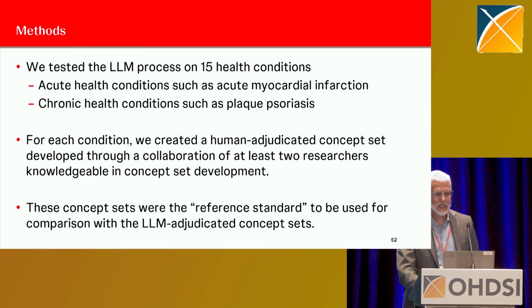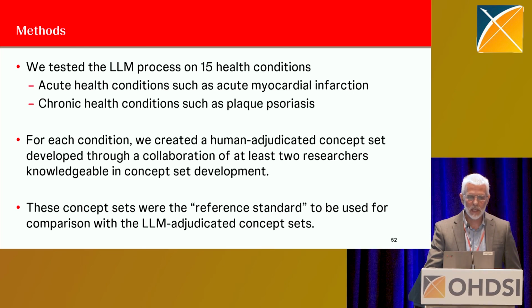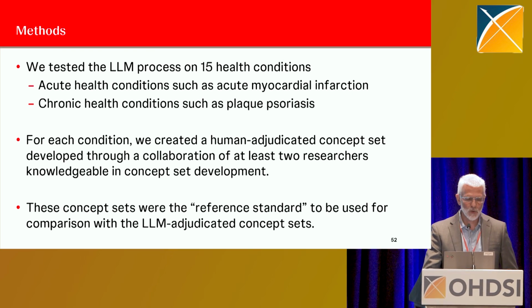For our study, we tested the LLM process on 15 health conditions. We looked at acute health conditions such as acute myocardial infarction, and chronic health conditions such as plaque psoriasis. For each condition, we created a human adjudicated concept set developed through a collaboration of at least 2 researchers with good experience in concept set development.